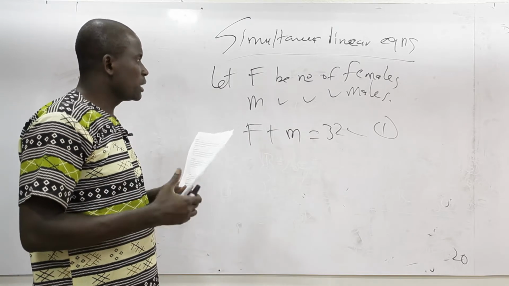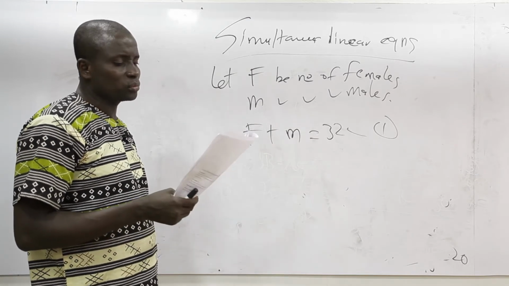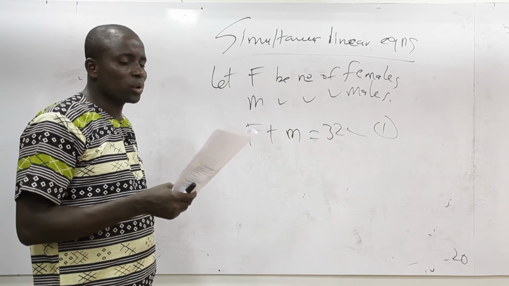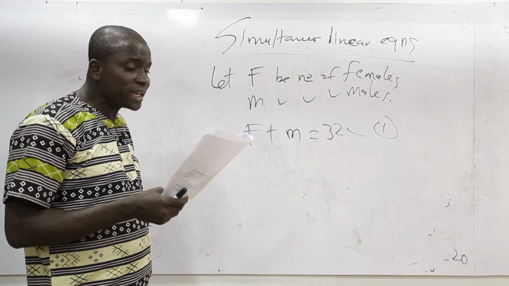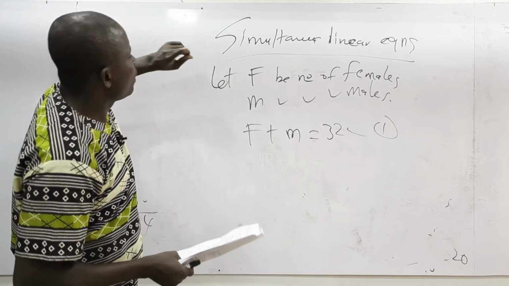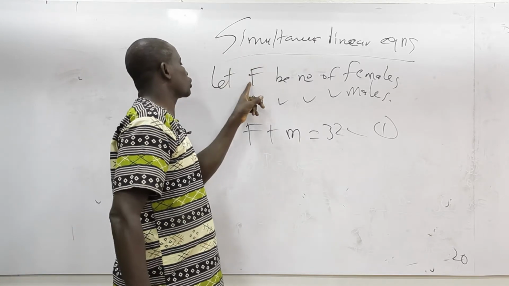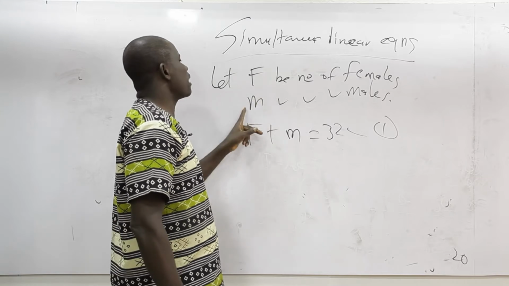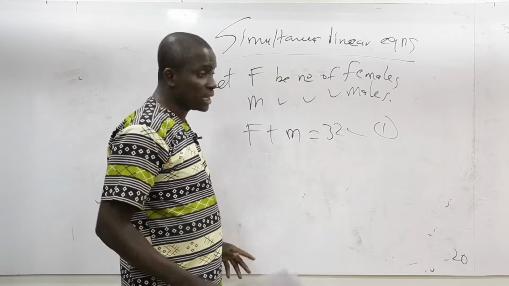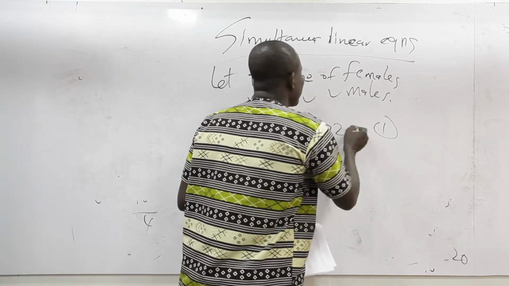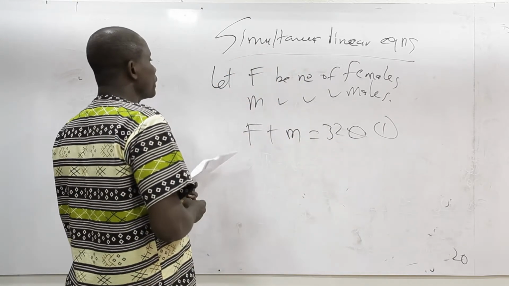Now, how do you get the total amount? Because you are talking about total amount, it has to be 200 cedis. How do you get that? It is the number of females multiplied by the amount females paid, plus the number of males multiplied by the amount males paid. When you sum it up, you get that figure. Over here, how much did the female pay?